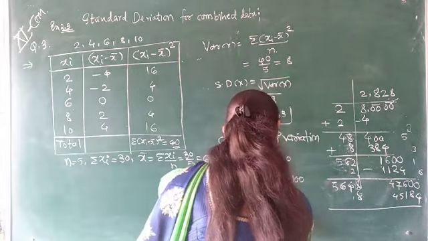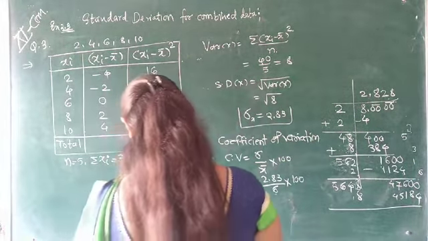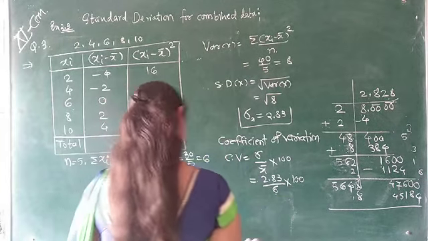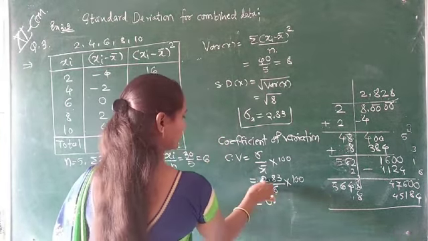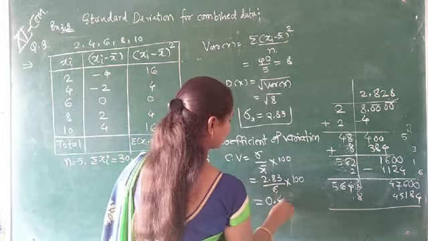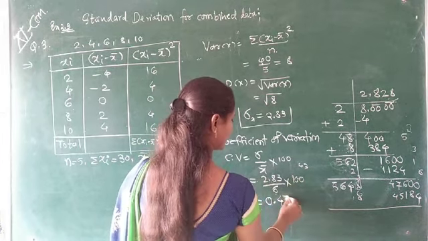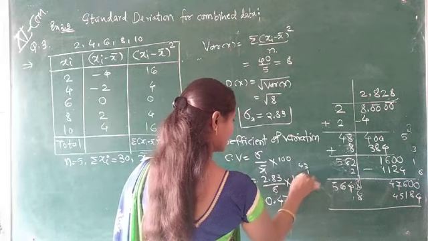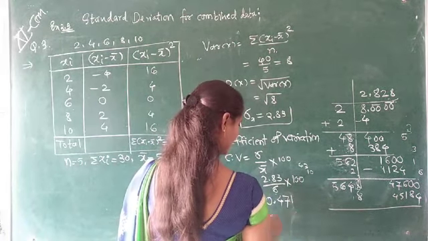2.83 into mean is 6. If we take directly divide, then it is 0. Then it is 28. 6 4s are 24. Again it is 4. Then it is 43. Next 6 7s are 42. Again it is 1. Since it is 10. 6 1s are 6.